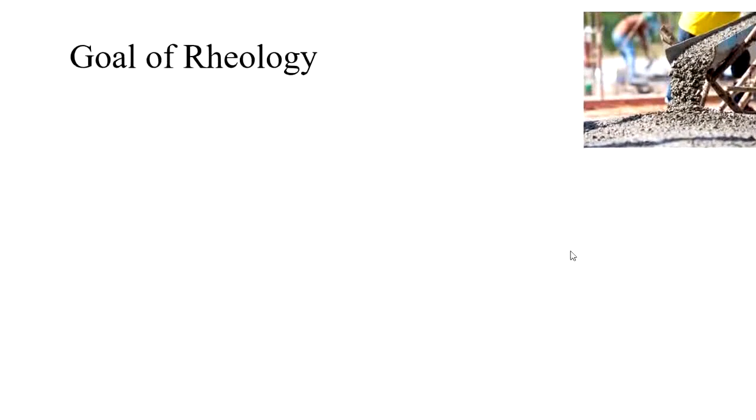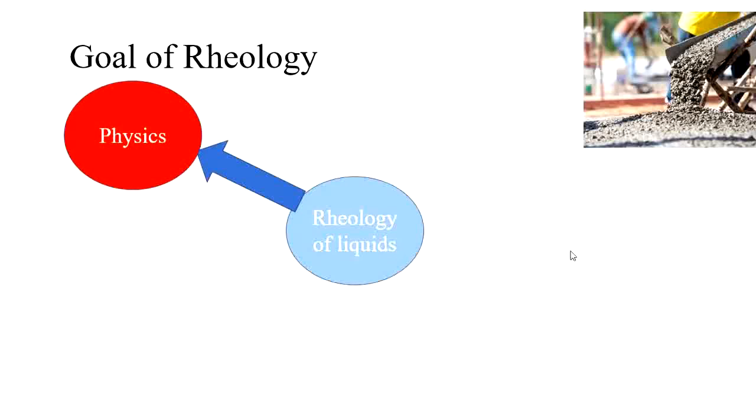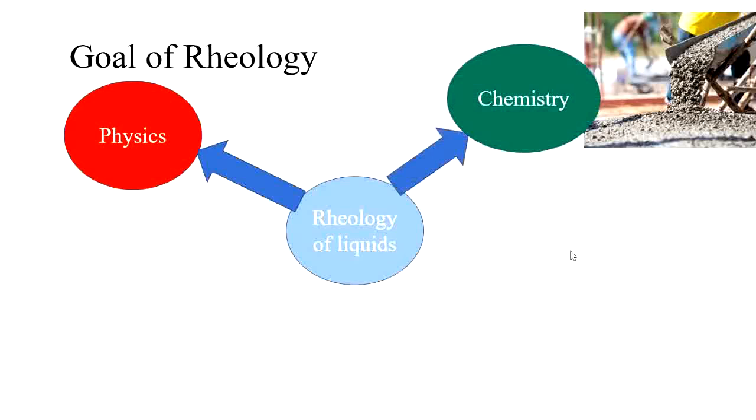So the goal of rheology, generally, when we study concrete, is that initially we learn the different states of matter, the different ingredients used in concrete and their physical characteristics beforehand. Then the chemistry part of concrete, which is the hydration equations and the chemical compositions of each ingredient, will be studied in detail.